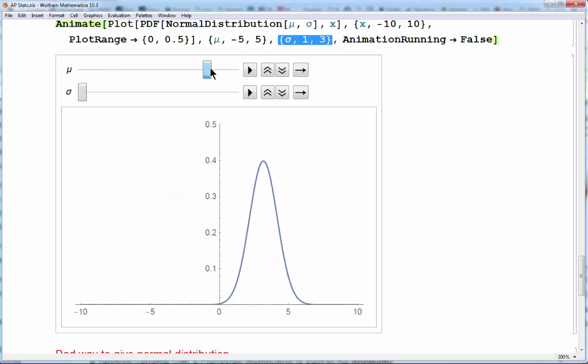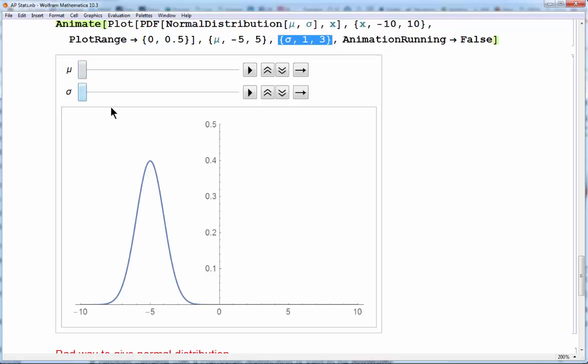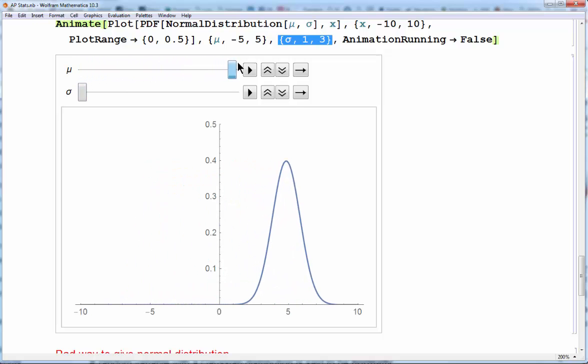The density moves left and right. For the lowest value of mu, it is centered at -5, and for the highest value of mu, it is centered at 5. And then when we change sigma, as you see, the density becomes flatter, or it is more peaked like that. All right.